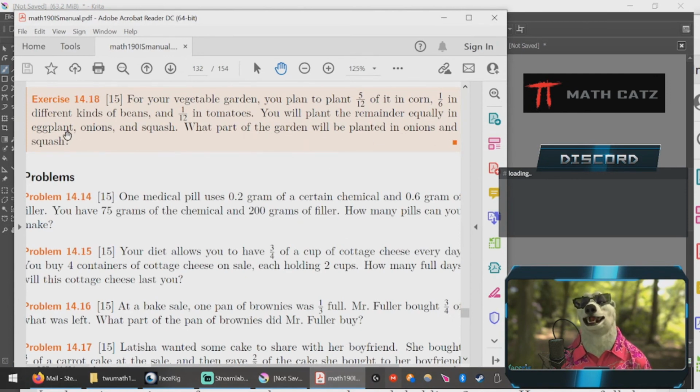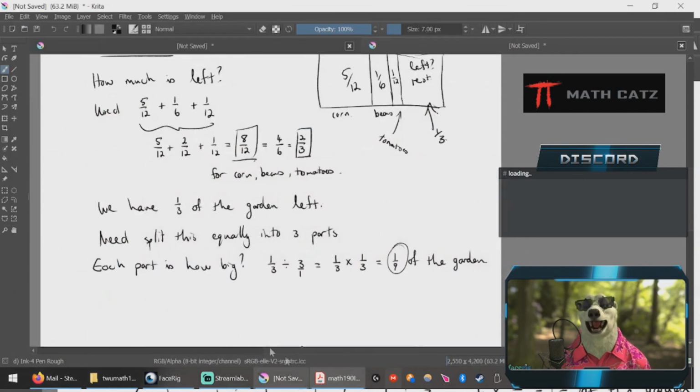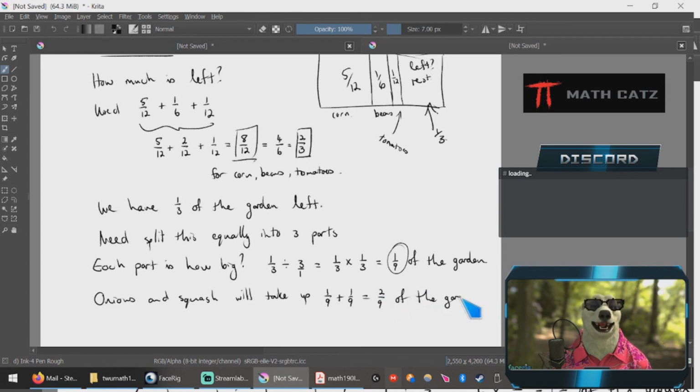So that means 2 of the 3. So onions and squash will take up 2 of those. 1/9 plus 1/9, which is 2/9 of the garden.